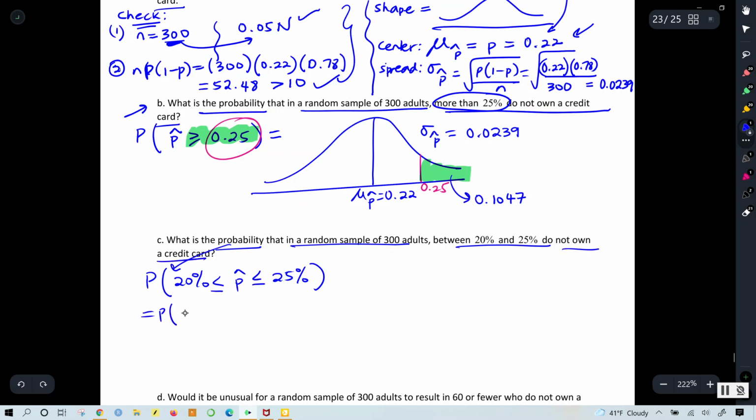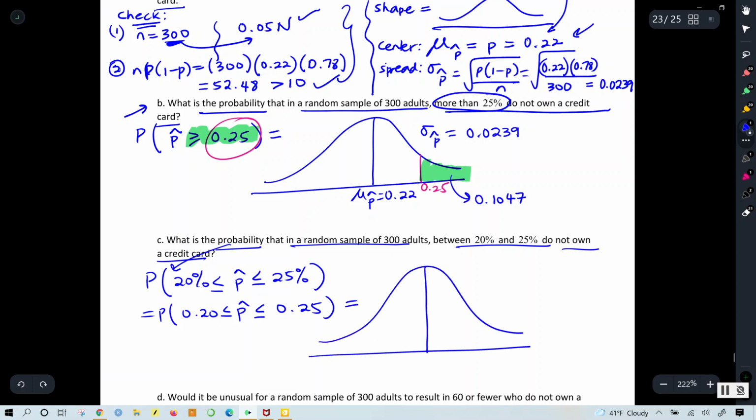This is same as probability of between 0.20 and 0.25, that is equal to, let's use the same distribution, 0.22, 0.0239, and I am interested in between 0.20 and 0.25. I will look at the size of the probability between them, and let's see.